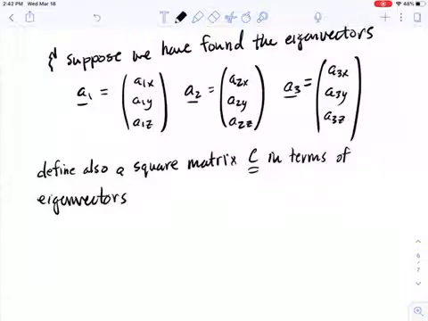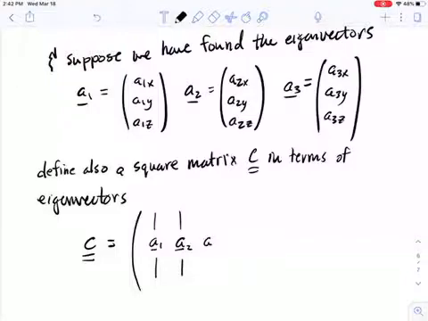What does that look like? I'm going to use a funny notation where I construct a square matrix by combining a bunch of column vectors.